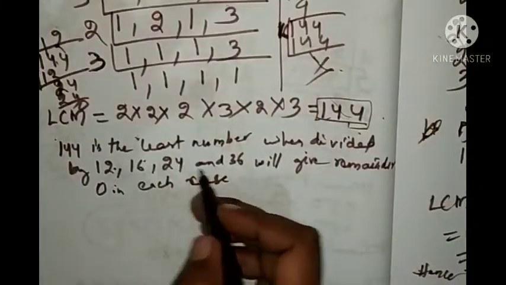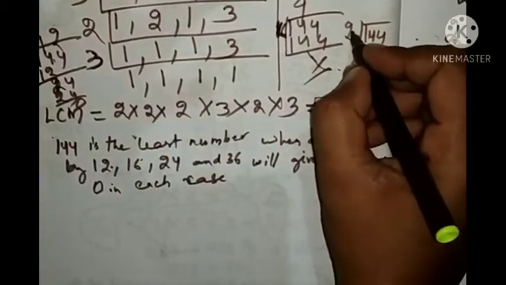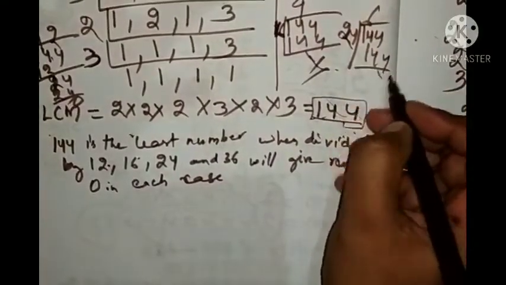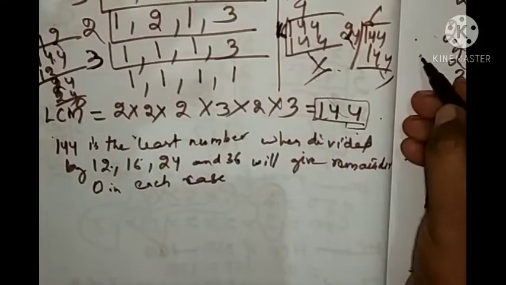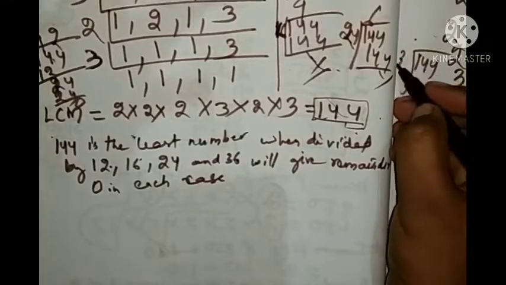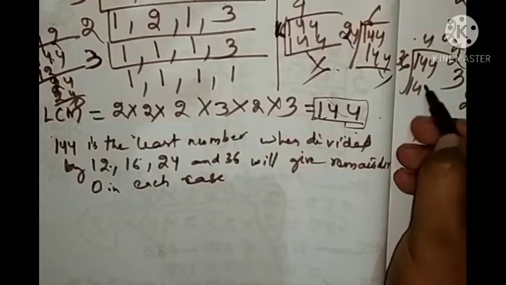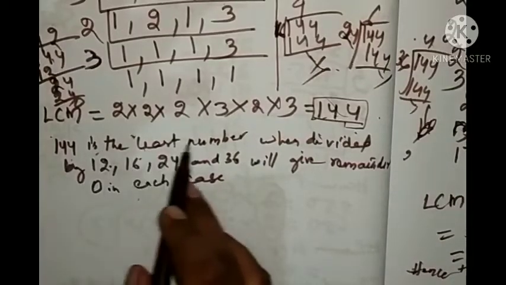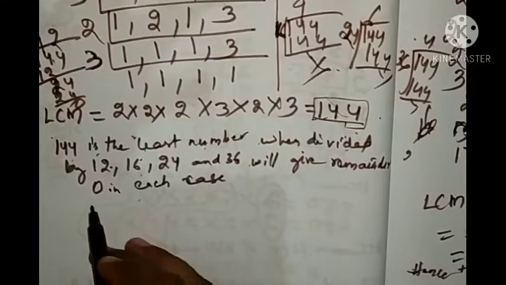Next you check 24. 24 sixes are 144. Then 36, 144 divided by 36, that is 36 fours are 144. So that 144 is the least number which when divided by 12, 16, 24 and 36 will give remainder 0 in each case.